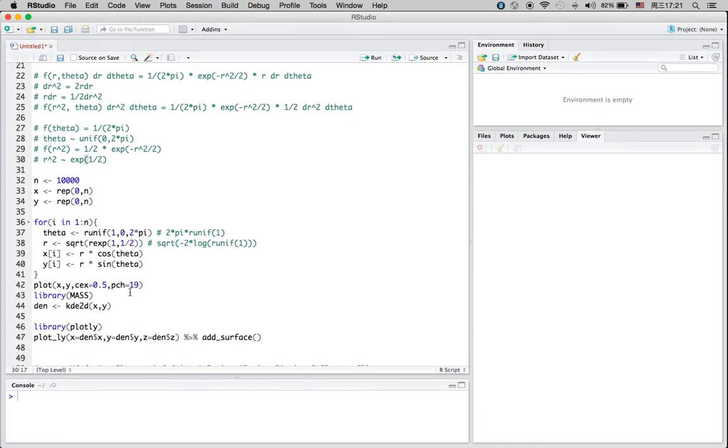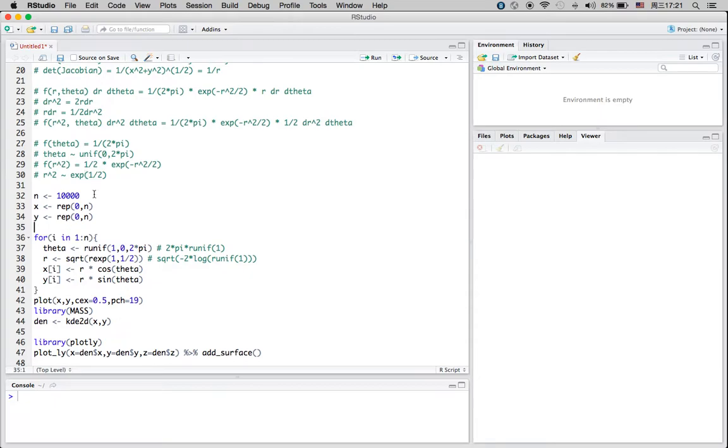Okay, so for example, let's say we generate 10,000 random samples, and then we create a placeholder. For theta, it's a uniform distribution, so we just do runif, one sample, over the interval of 0 to 2 pi.